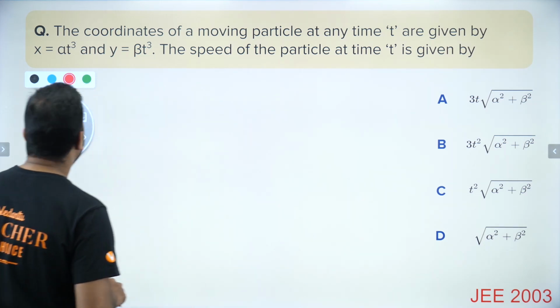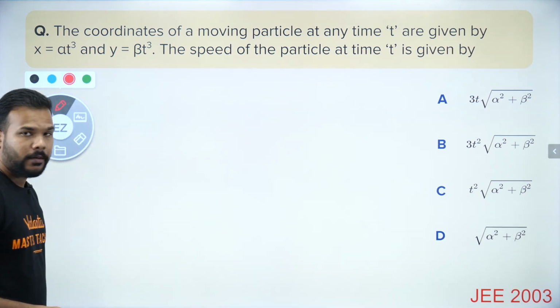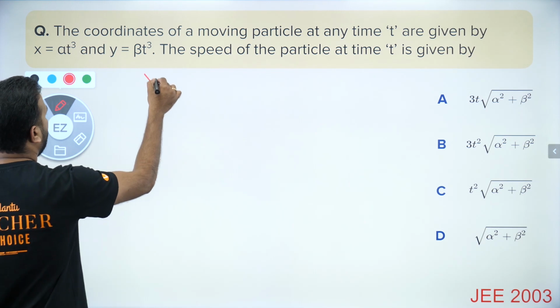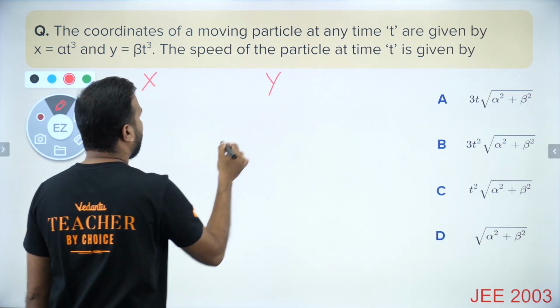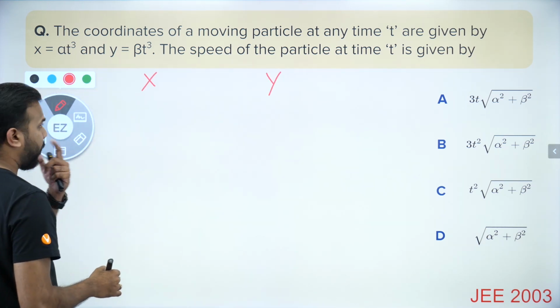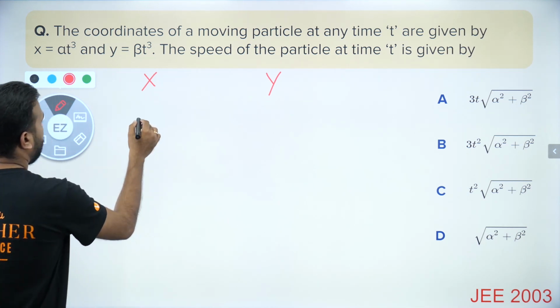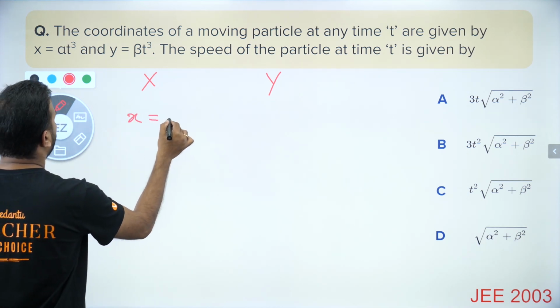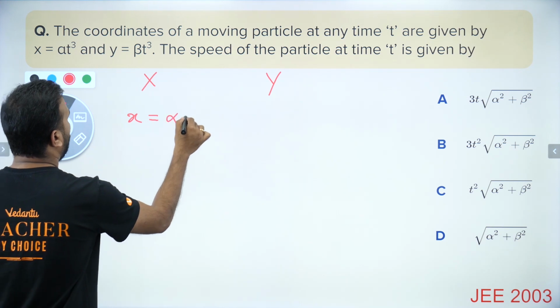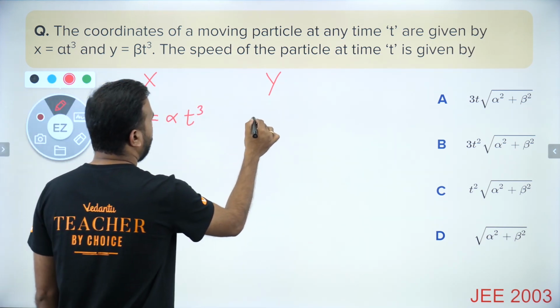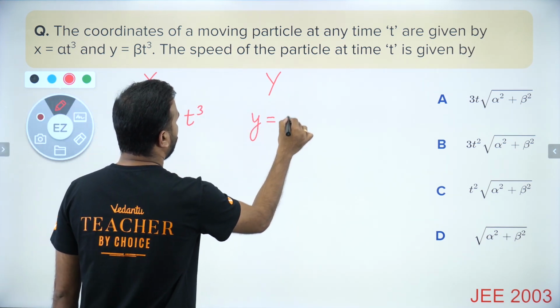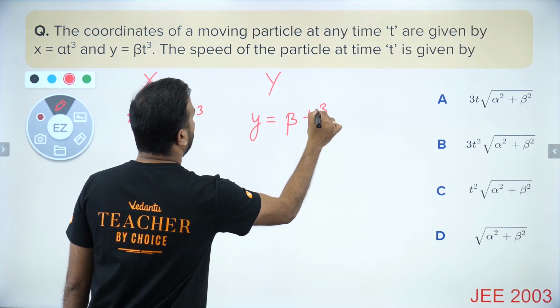So guys, whenever a question from 2D comes, always remember you want to split the motion on the x and y axes, whichever two axes are mentioned in the question. So the x displacement is given to you as alpha t cube and the y displacement is given to you as beta t cube.